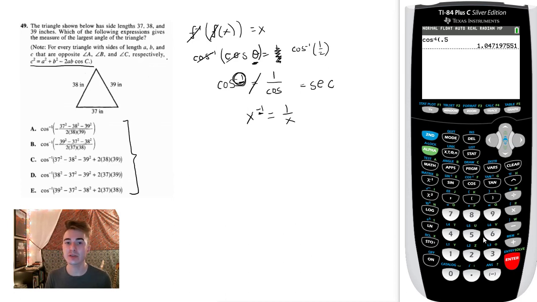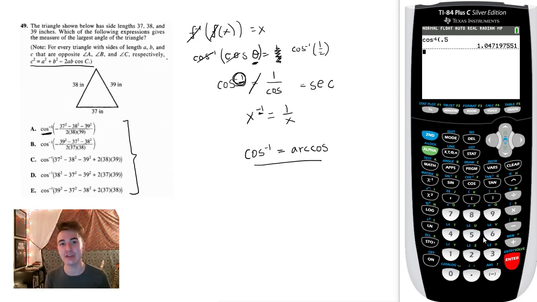Because that's confusing, a lot of textbooks will refrain from writing cosine to the -1. Instead, they'll write arc cosine, arc sine, arc tangent, arc secant, whatever. For whatever reason, ACT goes with cosine to the -1, inverse cosine. But if you ever happen to see arc cosine, it means the exact same thing. Again, the usefulness is that cosine inverse cancels out with cosine.